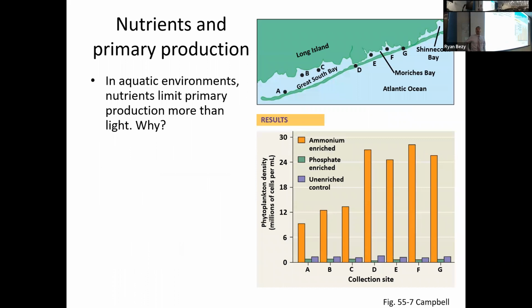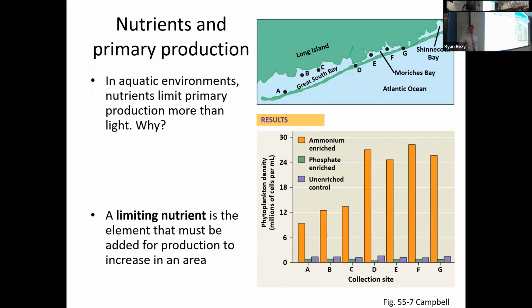Nutrients are often also limiting in aquatic environments. In aquatic environments, nutrients limit primary production even more so than light. And it's just because there are not a lot of chemical nutrients dissolved in the water. What's called a limiting nutrient is the element that must be added to an area for production to increase.